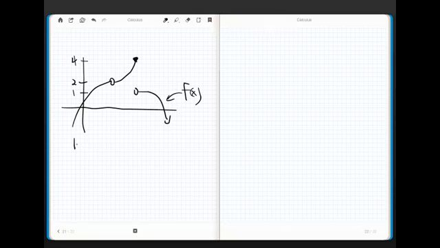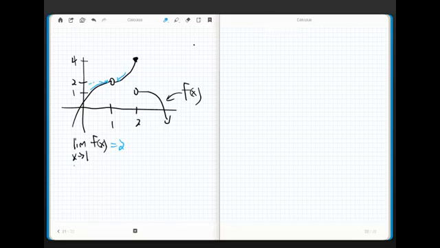Now, first things first, what is the limit as x approaches 1 of f of x? Well, again, take your fingers, put them on the graph. Do they head for the same value? Yes, they do. Guess what? This is going to be 2.